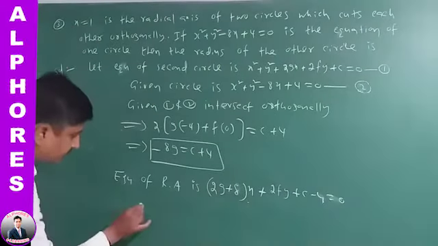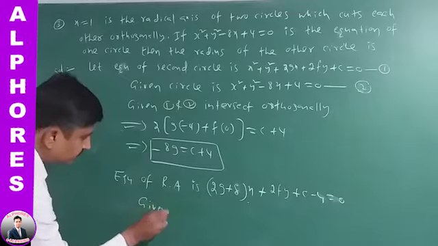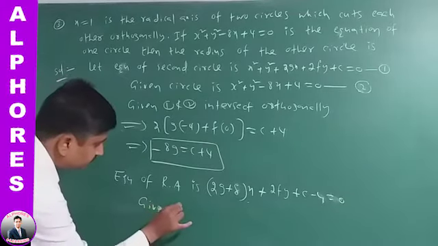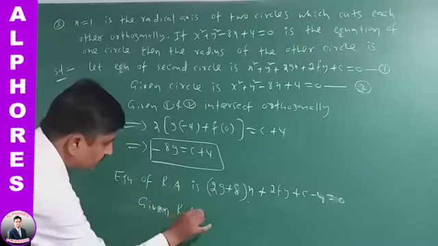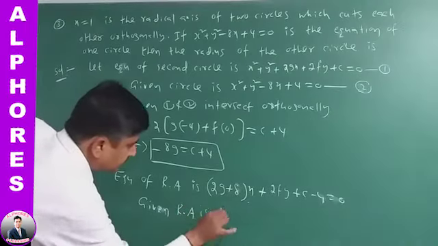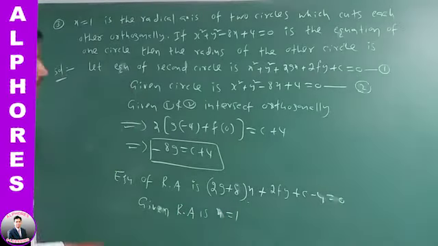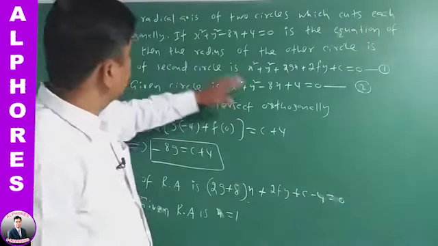Given, the radical axis of these two circles is x equal to 1.